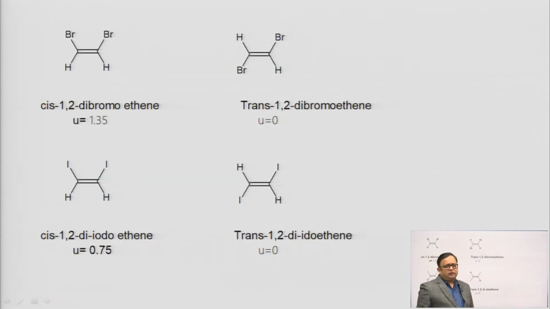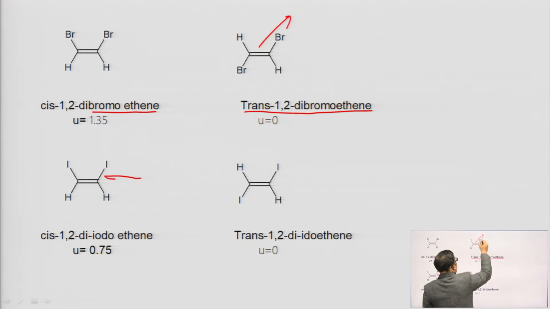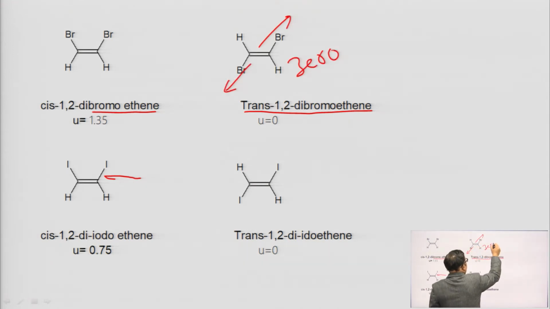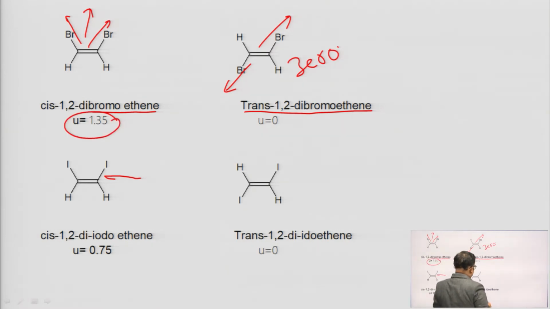Let us explore this with a few more examples. See, if we look at cis 1,2-dibromoethene and trans 1,2-dibromoethene, here the directions are opposite, so the value is 0. In the cis one, the directions are the same, and the net resultant value is 1.35.